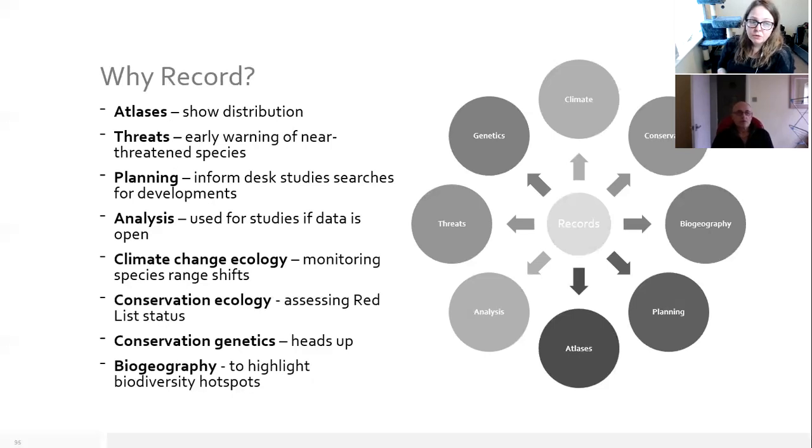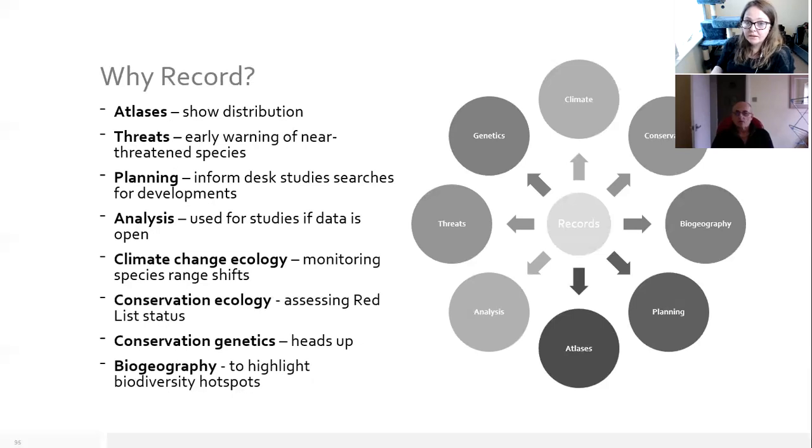So this is one of the most immediate ways that biological recording works, whatever taxonomic group. If you go out and you see a badger set, and you record that badger set and send it to EcoRecord or upload it to iRecord, then that record will go to the local record center.